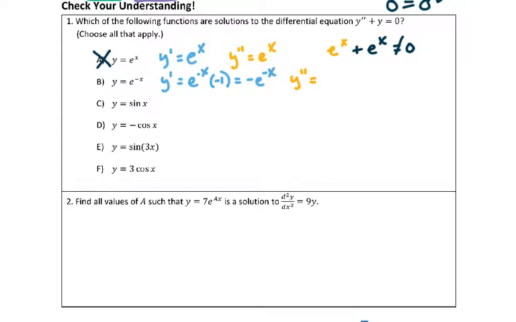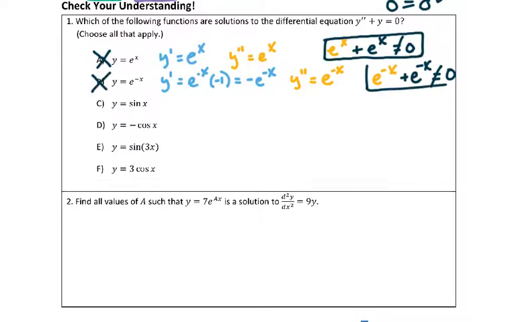So it's just going to give us back a positive e to the negative x. So this time if we plug it in, we get e to the negative x, that's the second derivative, plus the original function. Does that equal 0? No, it does not. So far, these were our checkpoints of plugging it in. It does not give us true statements.